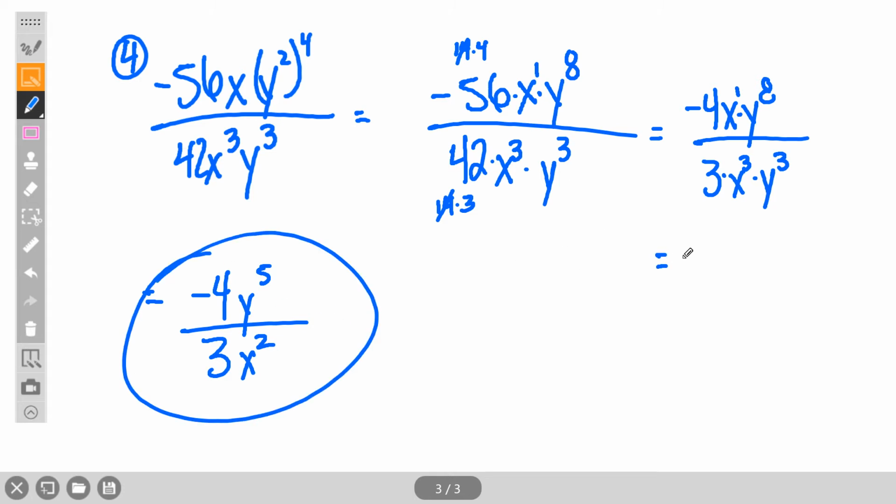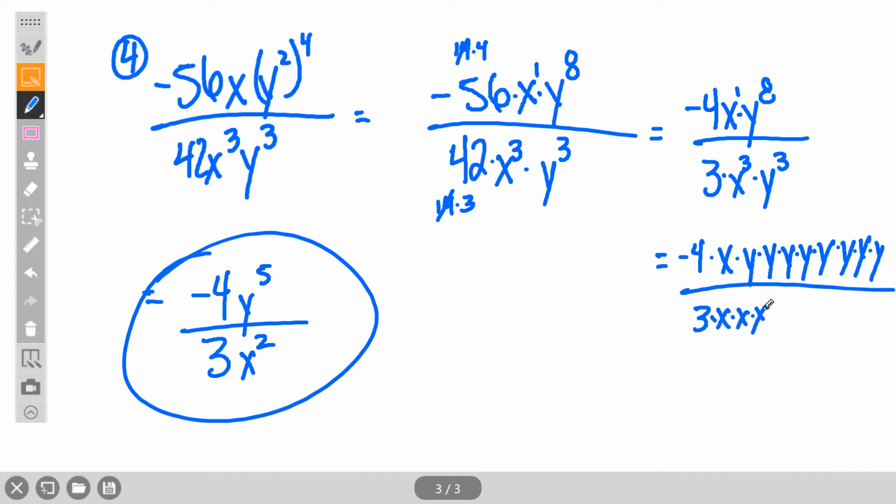And you can easily see that if you write these out. So x, 8 y's, 1, 2, 3, 4, 5, 6, 7, 8. And then denominator 3, 1, 2, 3, and then 3 y's, 1, 2, 3.